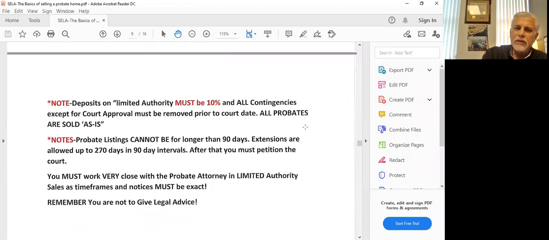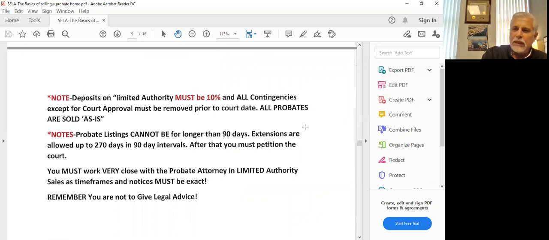Also, if it's limited authority, you must put in your private remarks that the minimum deposit must be 10%. That's so the courts know you're serious, and they won't set a court date. There's a form, and you've removed all your contingencies. In other words, when you go to court, if nobody overbids, it's yours.